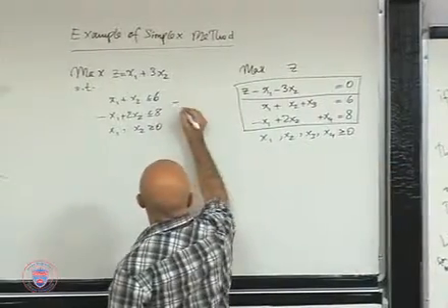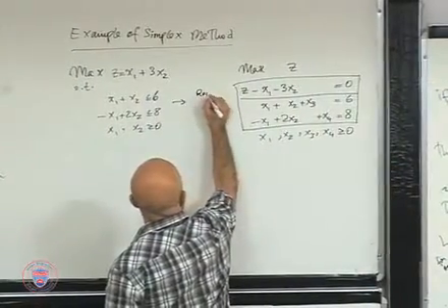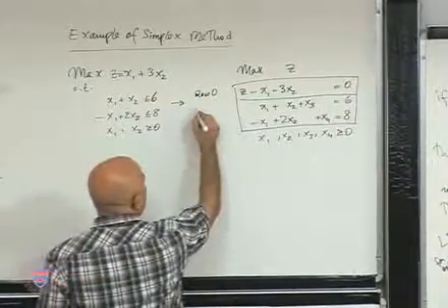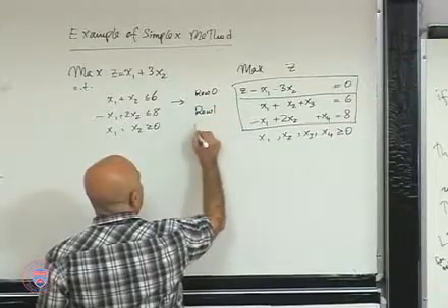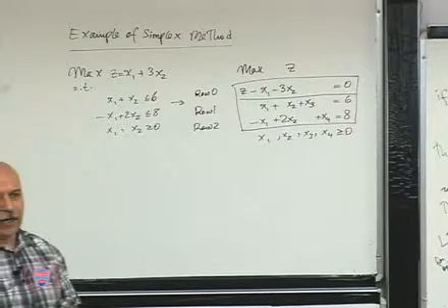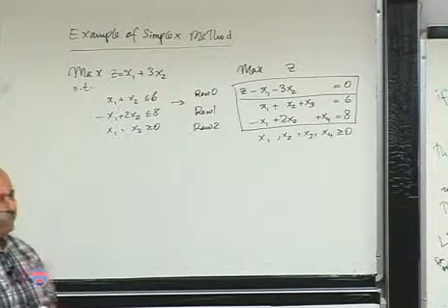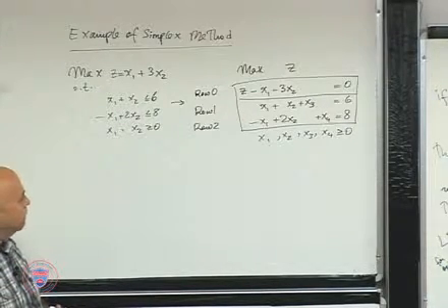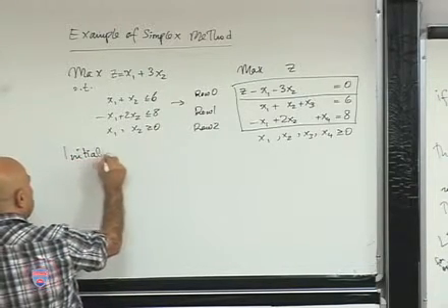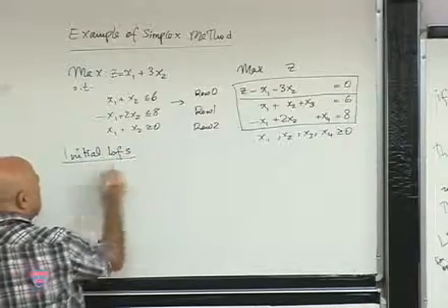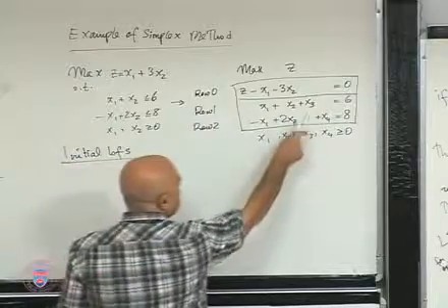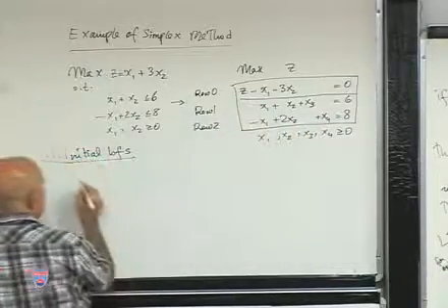If necessary, I call this row 0, the new row. The other ones are row 1 and row 2. And if you had m equations, it would go up to row m. Okay? So my initial basic feasible solution in this case will have the variables x3, x4, and z as basic.